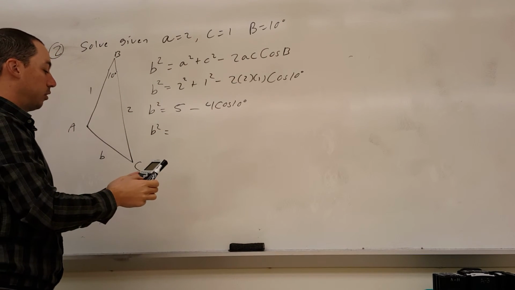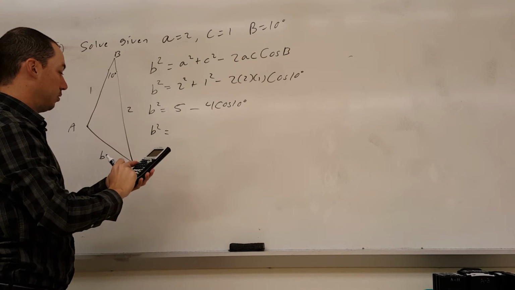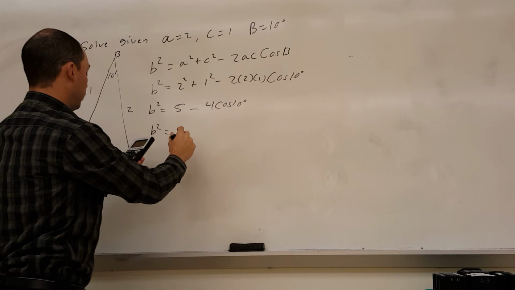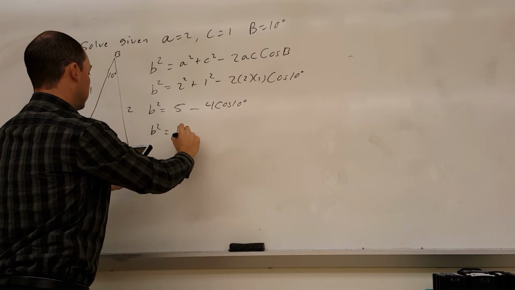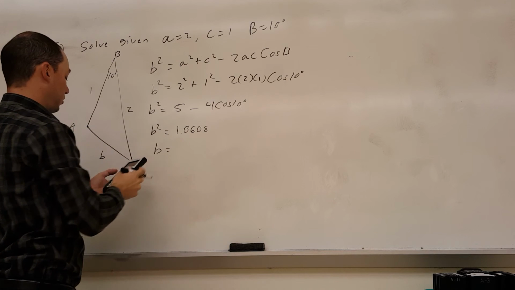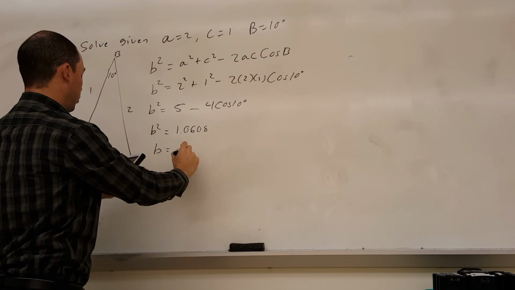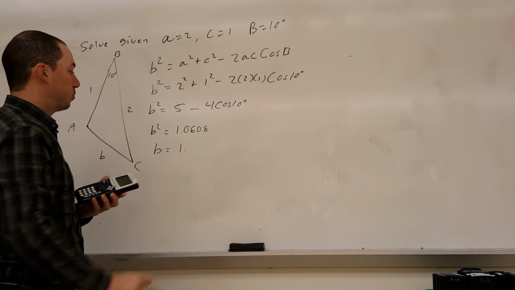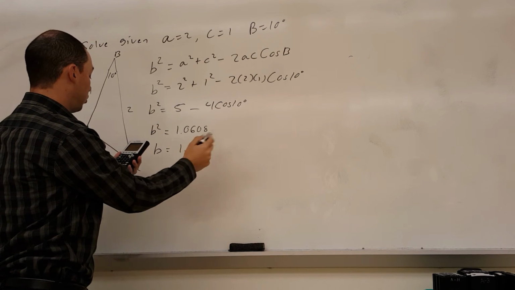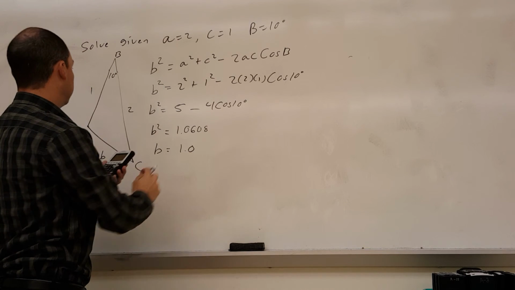Go to the calculator here. 5 minus 4 cosine of 10, and we get 1.0608. Square root both sides to get 1 point, and we've been rounding to the 10th place, to get 1.02 something, which rounds to 1.0 or 1.